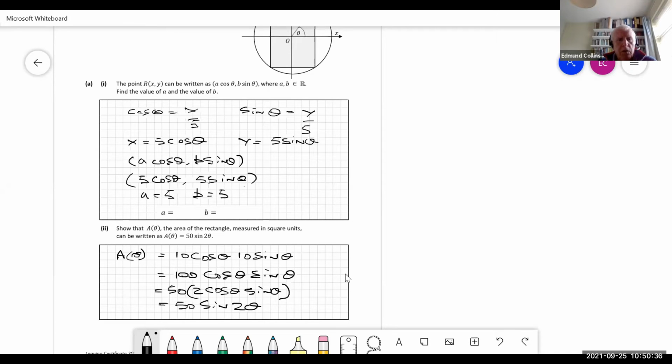Quite easy, really, if you're familiar with all the relevant information or tools that you need to solve it. So that's the first question. You might look at the other parts as well. There's differentiation comes in there. It was an interesting question.